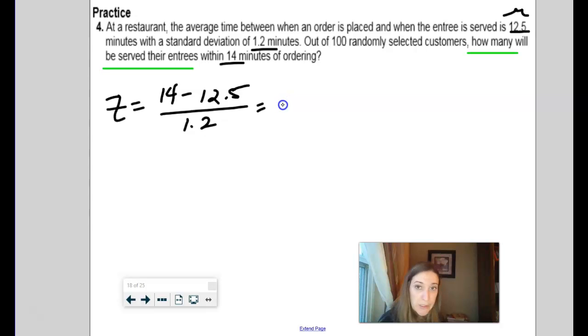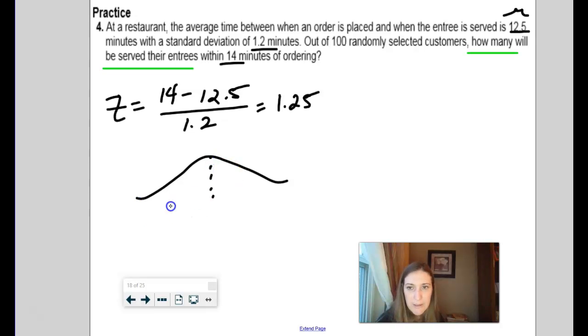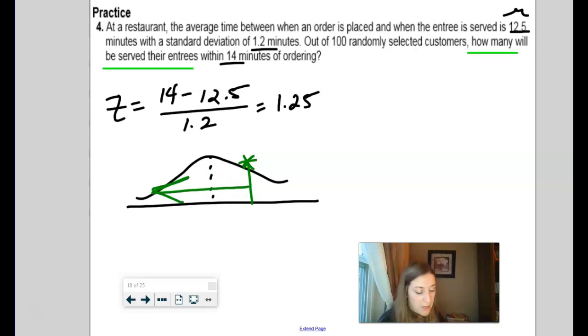All right, I got a Z-score of 1.25. That makes sense for what I'm visualizing here, which is apparently the world's ugliest curve. 1.25 deviations, I'll pretend it's up here somewhere on the curve. They want to know the probability that orders are served within 14 minutes, so they want this probability.